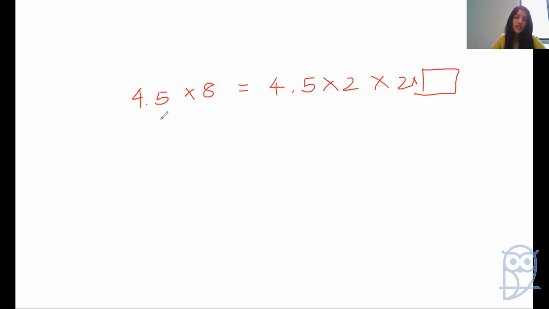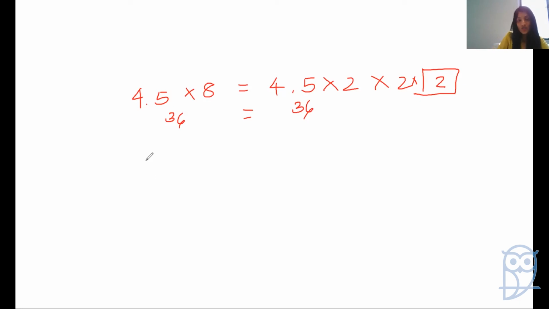You're sitting with your calculators: 4.5 multiplied by 8 is going to equal 36. 4.5 times 2 times 2 times what other number is going to give me 36? The answer is times 2. So 4.5 times 2 times 2 times 2 will equal 36. Both sides have got to have the same answer.